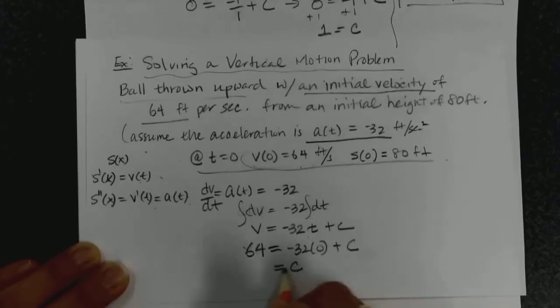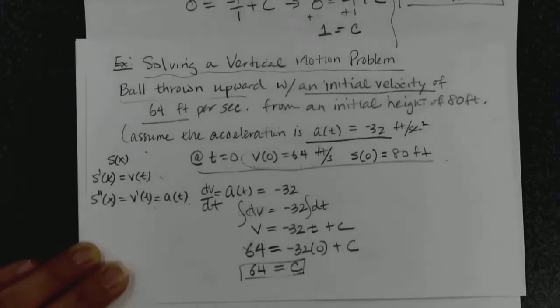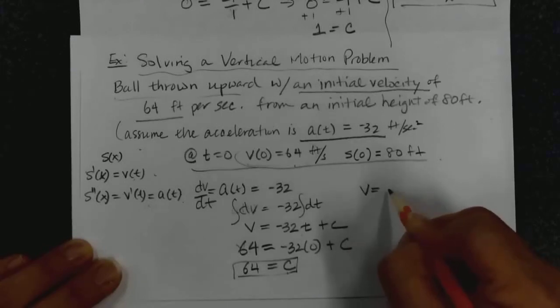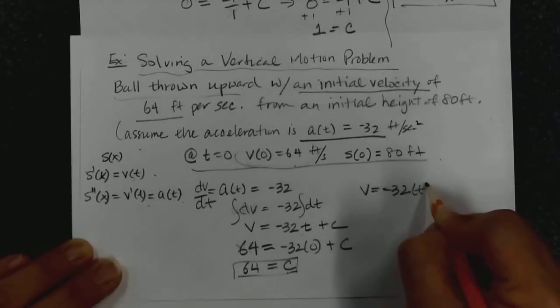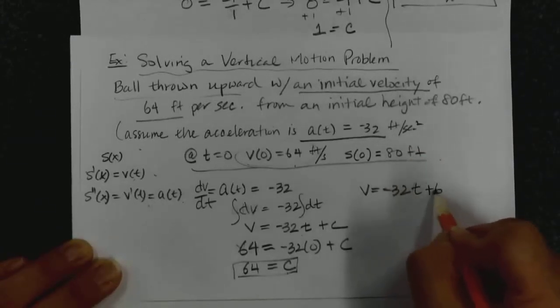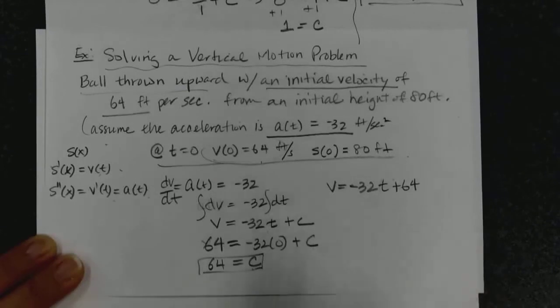Then the initial velocity has to be 64, so that's my c. So the particular solution of the velocity is given by negative 32t plus 64.